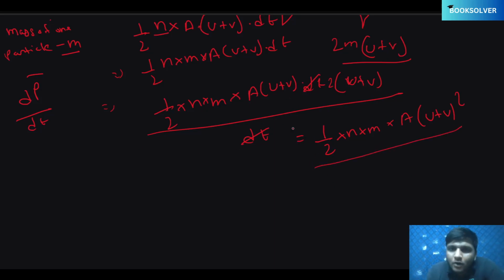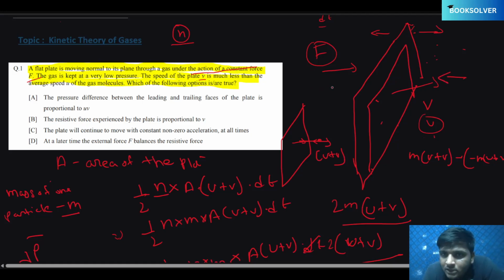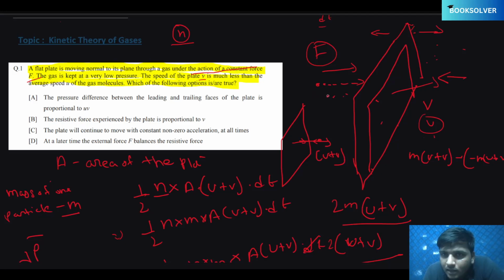Similarly, for the forces also you can see that, as I told you, some particles are moving away from it and some particles are moving towards it. So at this point also, some particles will be moving towards it and some particles will be moving away from it. So we know that for this particle, what will be the relative velocity? It will be nothing but u minus v, because the plate is actually moving away from the particles.